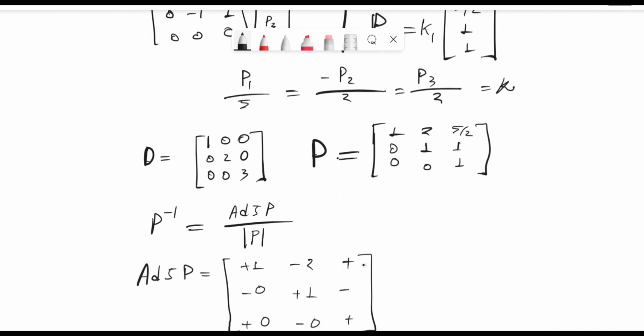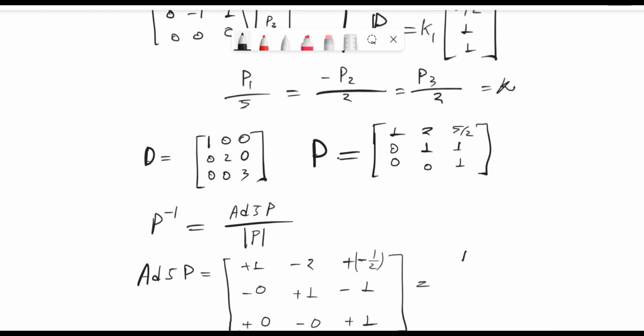From the third row, this will be minus 1 by 2, minus 1, and 1. So we have 1, minus 2, minus 1 by 2, 0, 1, minus 1, 0, 0, 1.